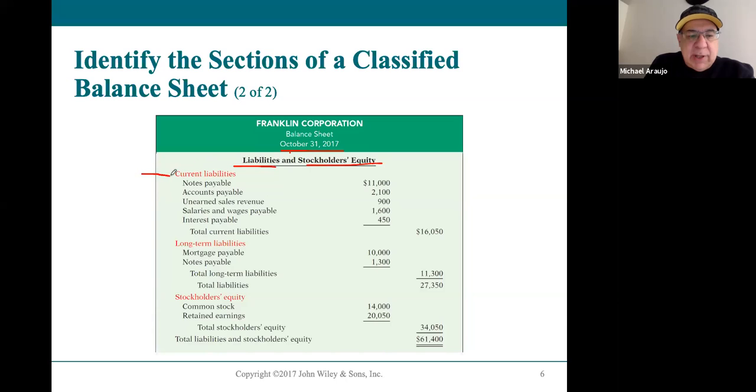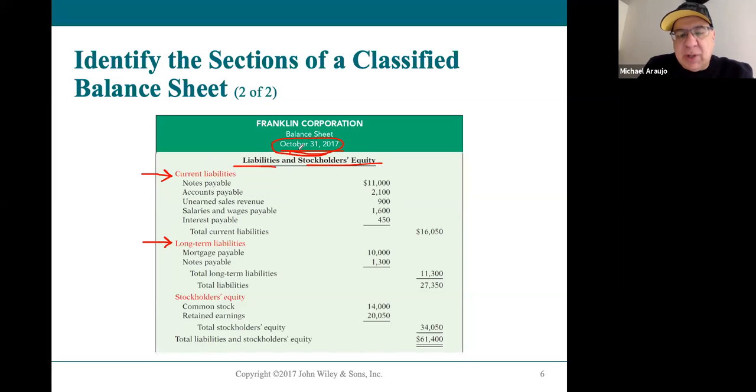Notice liabilities are only broken into two classifications: current liabilities and long-term. And you also understand how important that 1 year mark is, right? So for liabilities, these are debts that we owe or obligations that we owe.